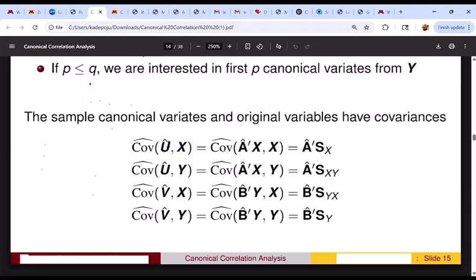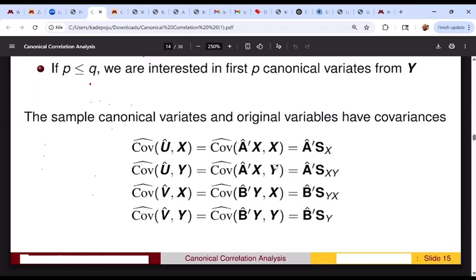The covariance between the canonical variate derived from X and X, this is the formula. Then for the one derived from X and original Y, the one derived from Y and original X, the one derived from Y and original Y. So these are the estimated covariances.